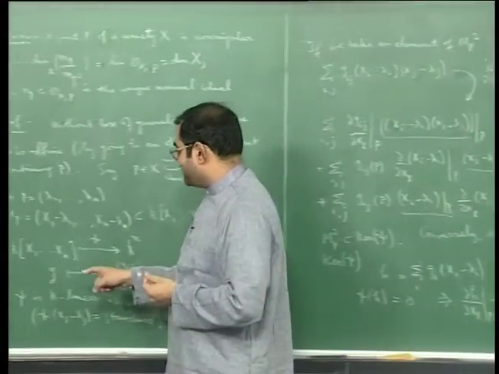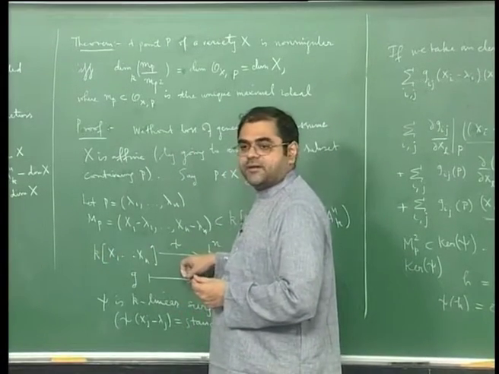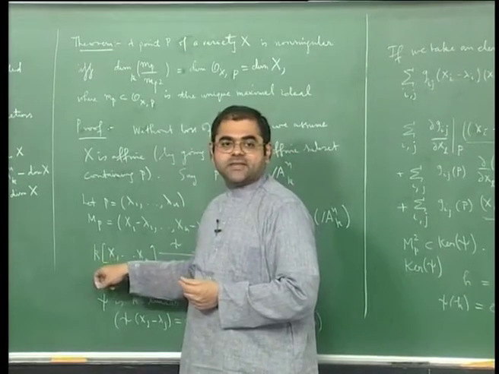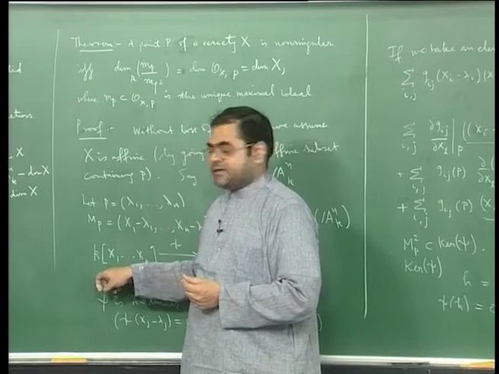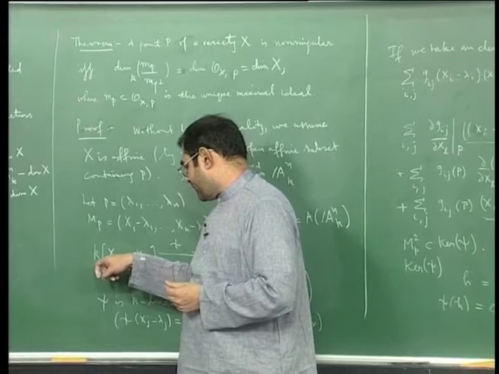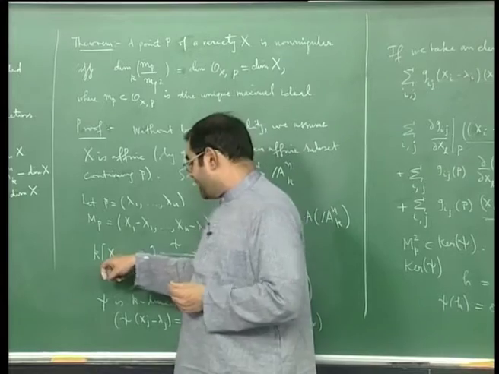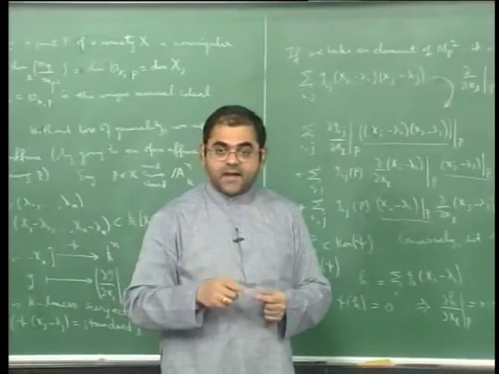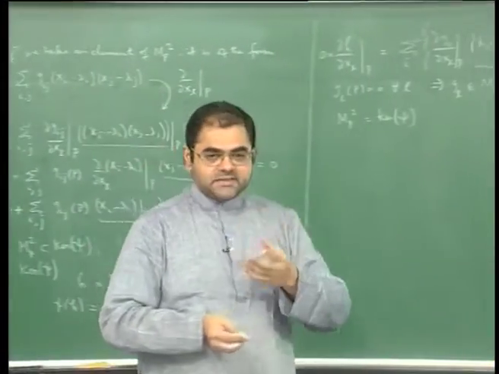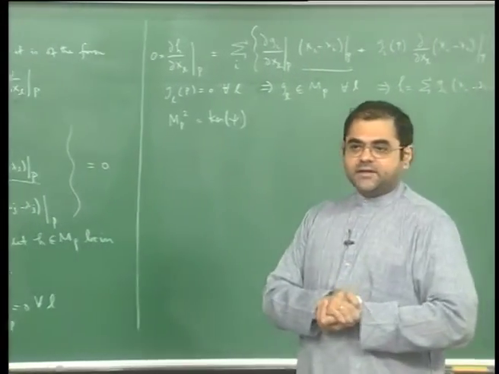What I forgot to tell you is that this psi is from this polynomial ring into this. Mind you, every ideal is also a K subspace, so psi also gives you a linear map when restricted to a subspace. So psi can also be restricted to M_P, and in fact psi restricted to M_P itself is also K-linear and surjective. I'll come to that.